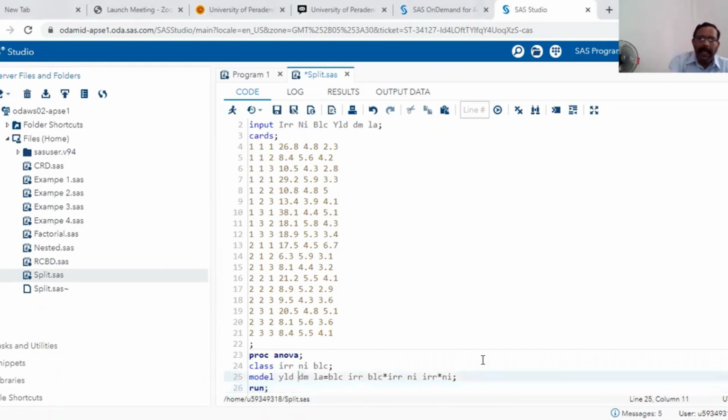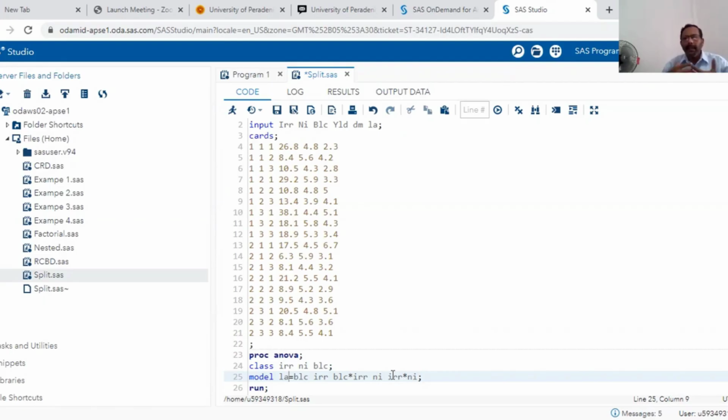Look here. If I say yield equals the rest of the information, it will give the ANOVA for yield. Then if I say dry matter equals block, irrigation and so on, it will give only the ANOVA for dry matter. Similarly, if I say leaf area equals and so on, it will give the ANOVA for leaf area.